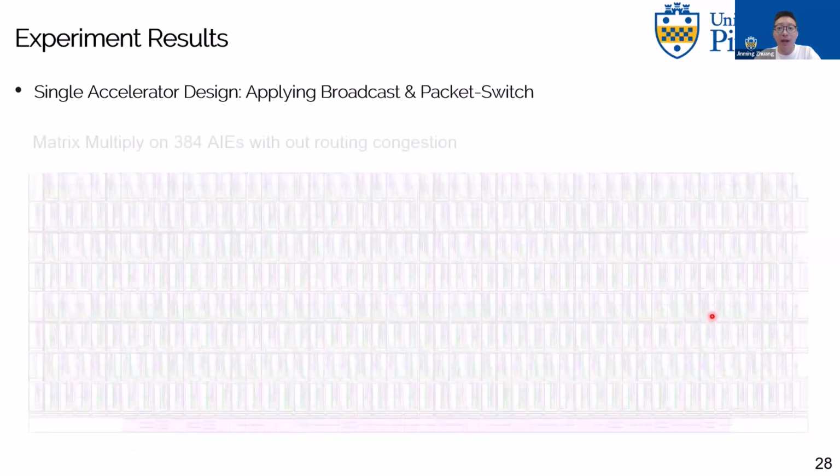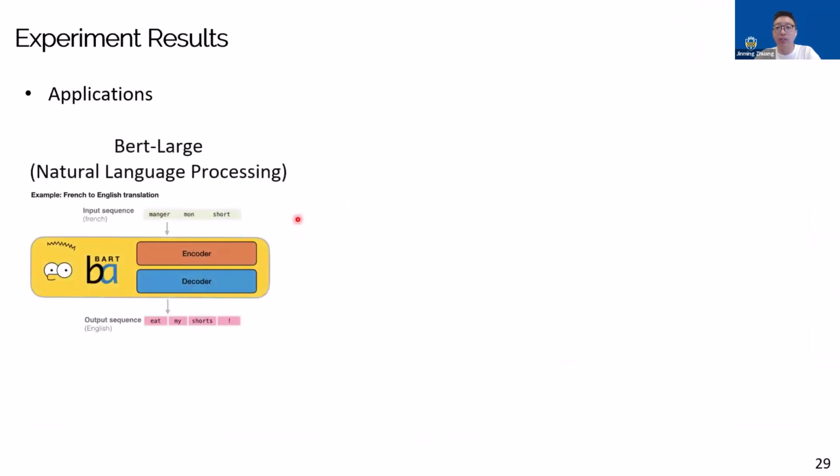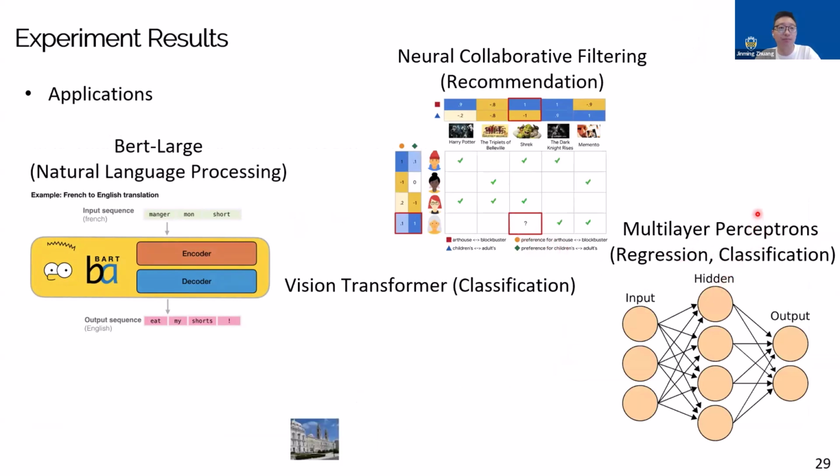And by using the combined broadcast and packet switch connection, we can easily allocate 384 AI engines without any PLIO overutilization or routing congestion. And we also apply our Charm framework to 4 applications, including BERT for natural language processing, ViT for classification, NCF for recommendation, and MLP for regression or classification.